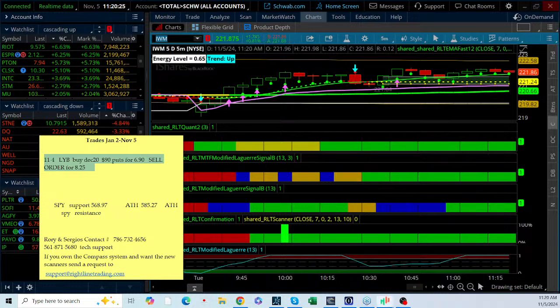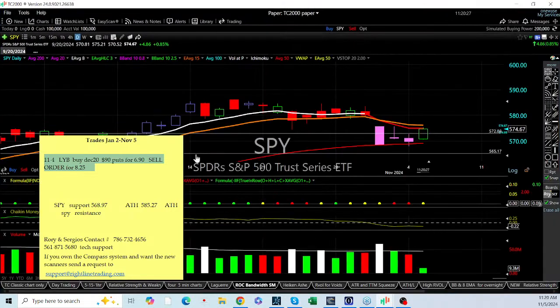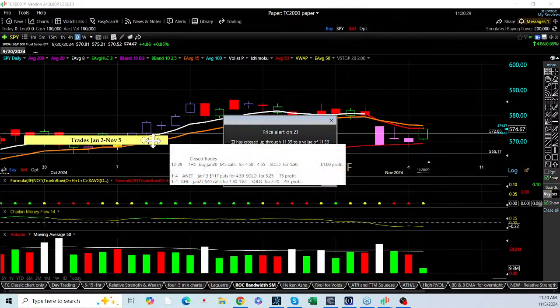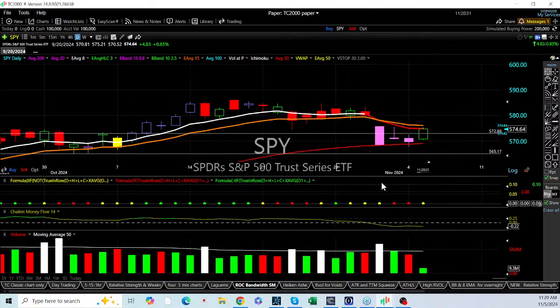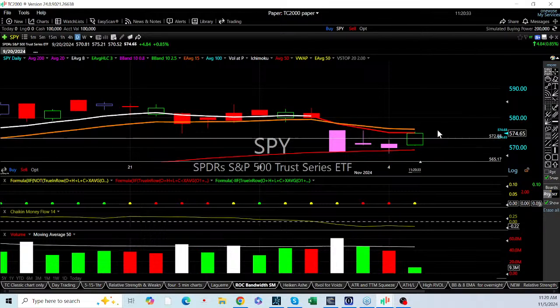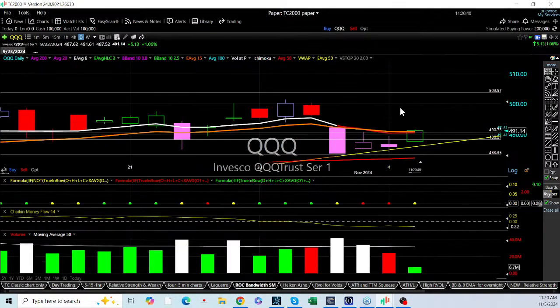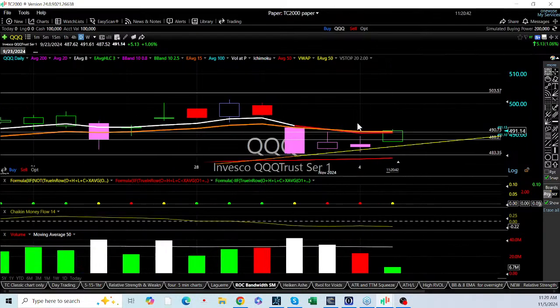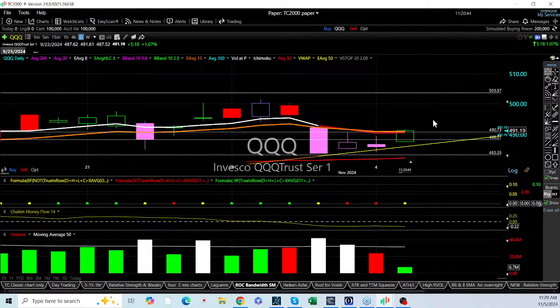If I look at my TC2000 charts again, I want to emphasize the SPY is right against resistance. That red line right there is the 8 EMA, and this is the 15 EMA. Struggling to get through that. Qs also with exactly the same thing. The Qs have gotten through it just a little bit, so the Qs are a little bit more bullish and a little bit more playable to the long side than the SPY is.